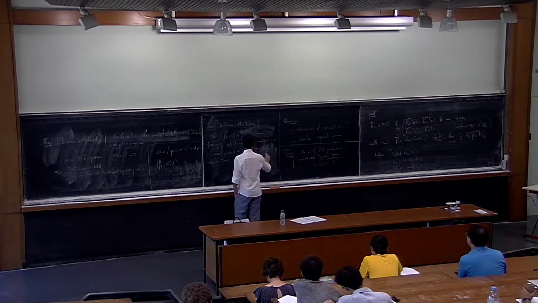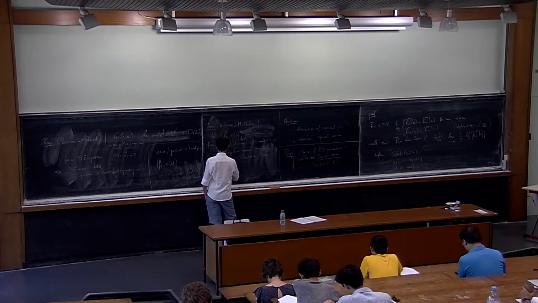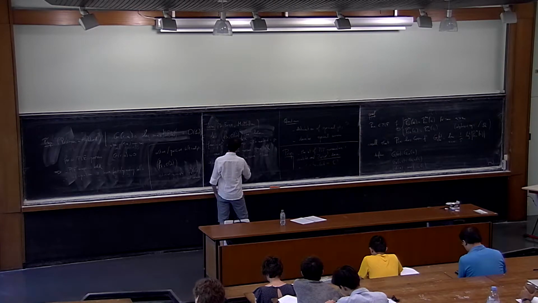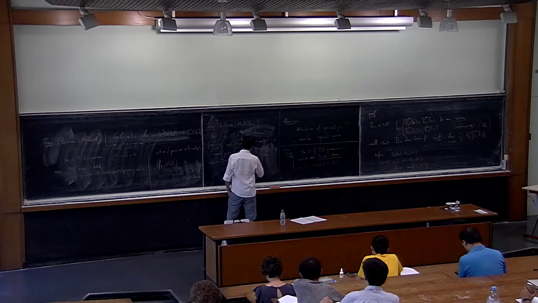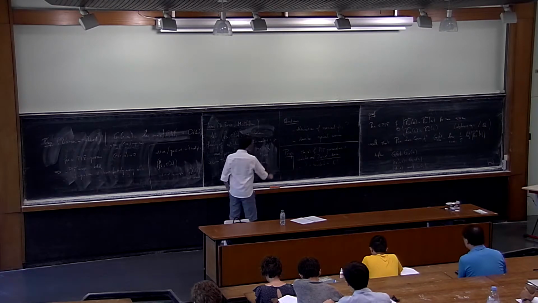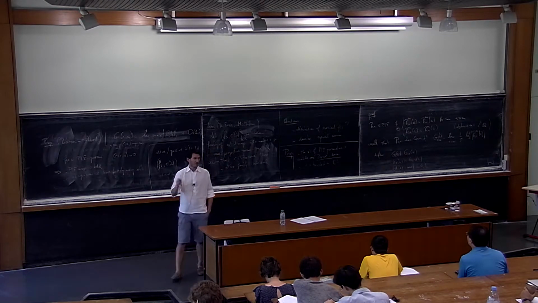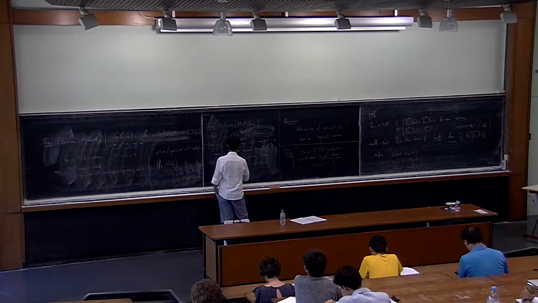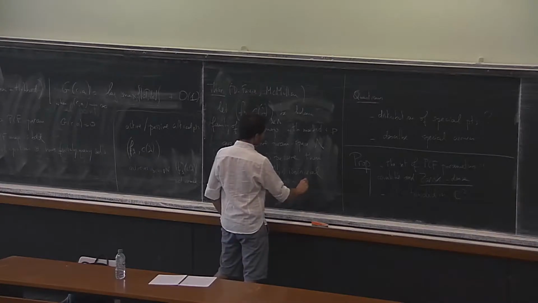Then you have two options. Either the family is isotrivial, which means that all the mappings are conjugate by Möbius transformations, so the f_lambda are conjugate by Möbius transformations.